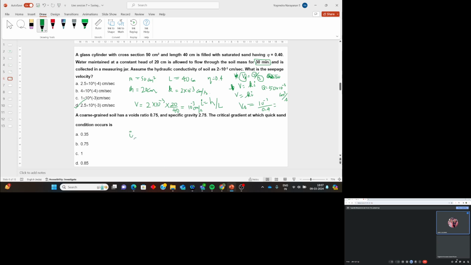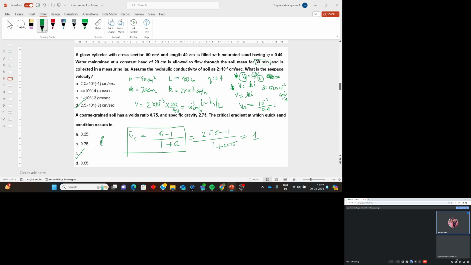IC is equal to G minus 1 by 1 plus E. Now you can calculate 2.75 minus 1 by 1 plus 0.75. So it will be 1. Right? Yes, sir, this is the formula for IC.